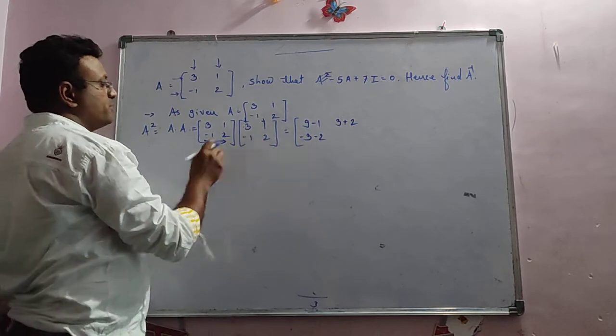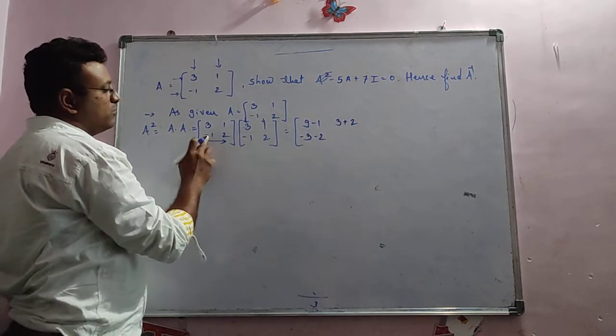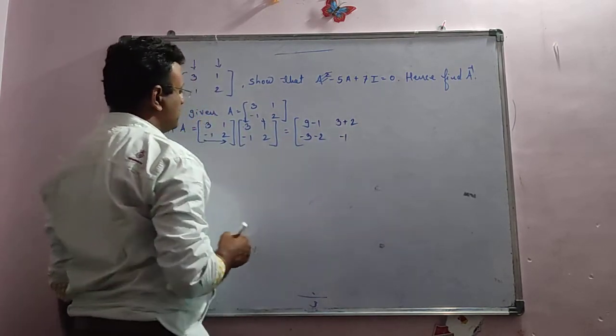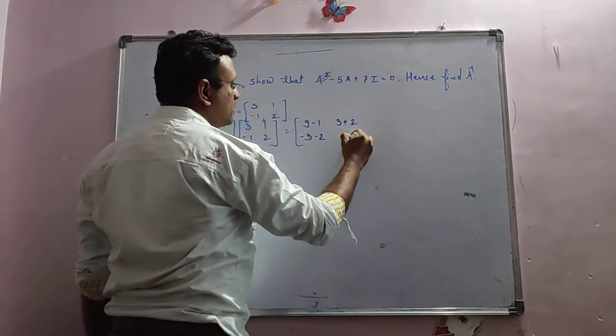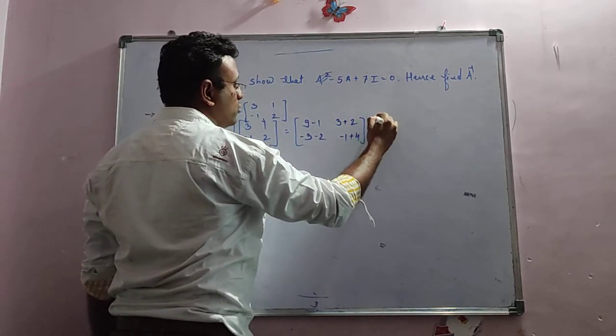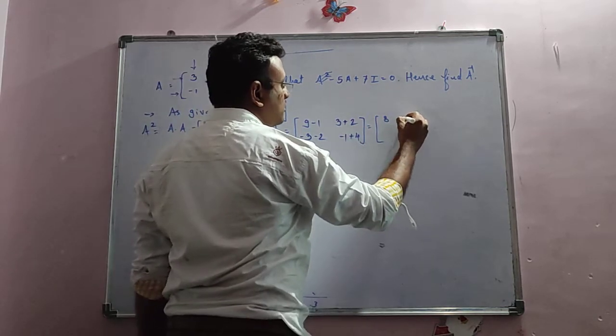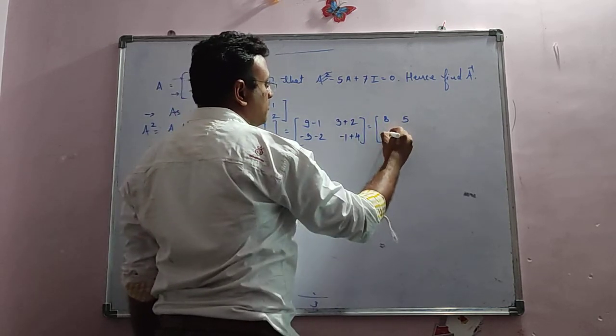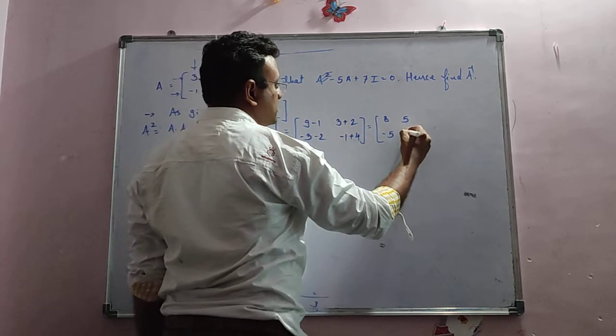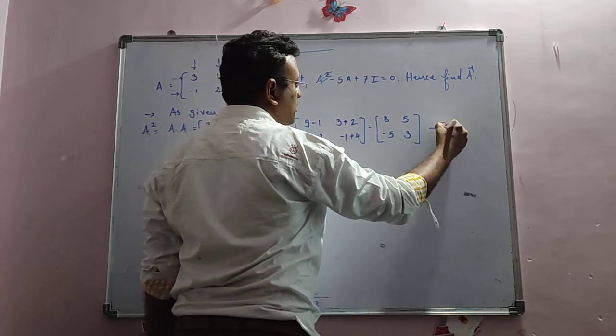Now change the column. Second row, second column: minus 1 into 1, minus 1. 2 into 2, 4. So this is 8, this is 5, minus 5, and this is 3.